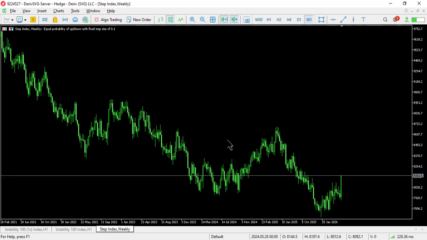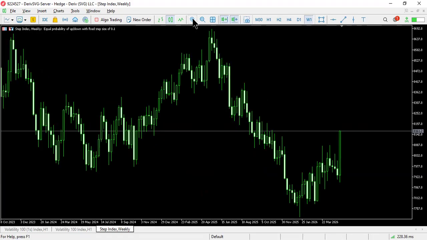Now, with that information, as you can see, price is pretty much in a downtrend, so we are forming lower lows and lower highs. However, let me go ahead and mark my key levels.